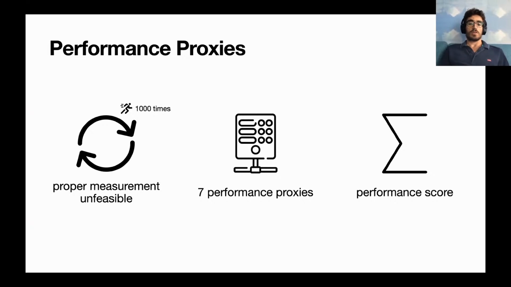So to address this issue, we devised 7 different performance proxies that are very easy and lightweight to compute, and that can approximate a more rigorous performance measurement. And we aggregate those metrics in a so-called performance score. So now let's see how we use this performance score to address the second challenge.